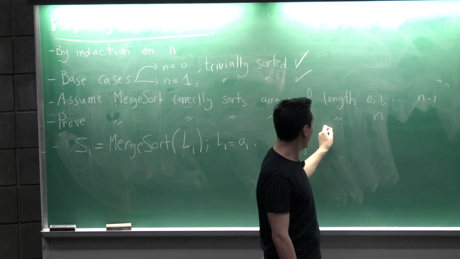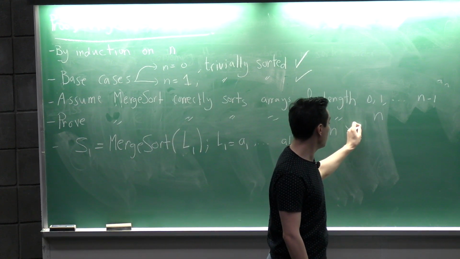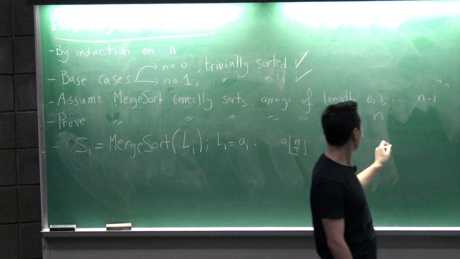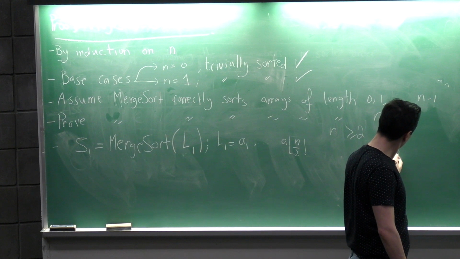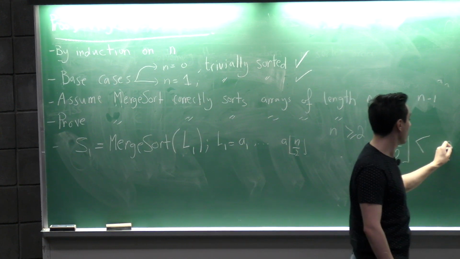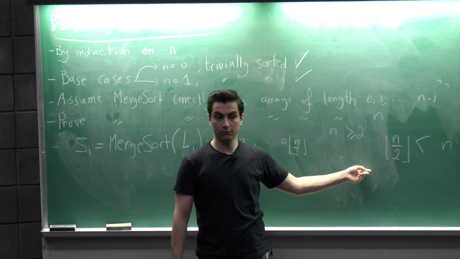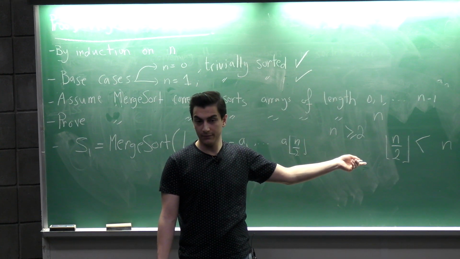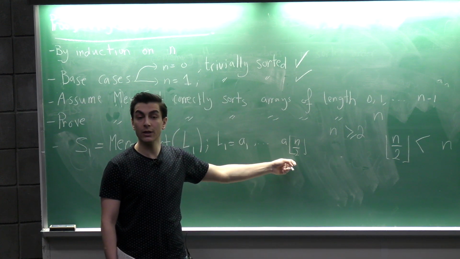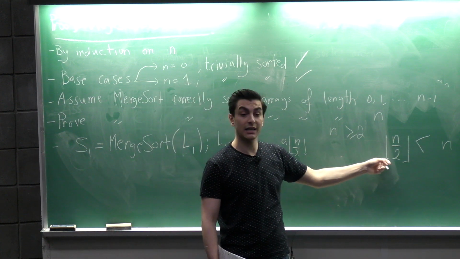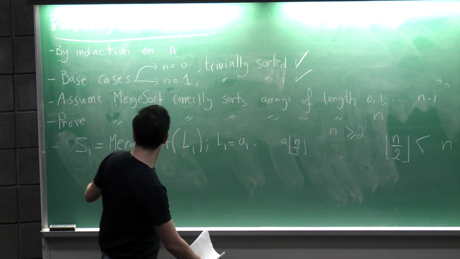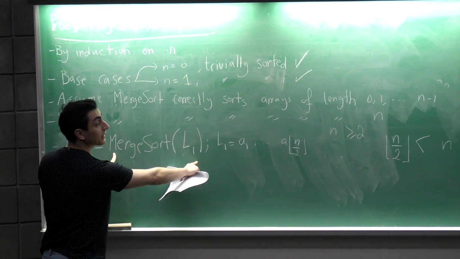But because we know that n is bigger or equal than 2, then definitely floor of n over 2 is going to be smaller than n. Do you see why that's correct, right? If you have a number bigger than 2, if you divide it by 2, then take the floor, that number is going to be obviously smaller than n, right? Which means this function is going to run correctly.